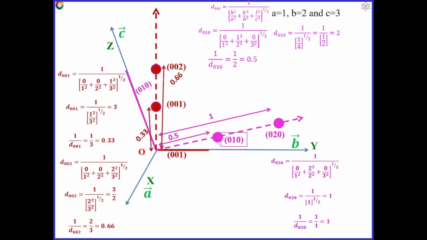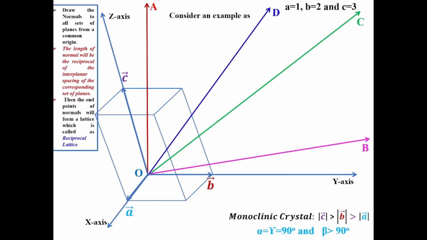And if we shift the origin, then this plane is just in the middle of this line, and this will be called the 0 2 0 plane. Now for this plane, where will the lattice point be located?